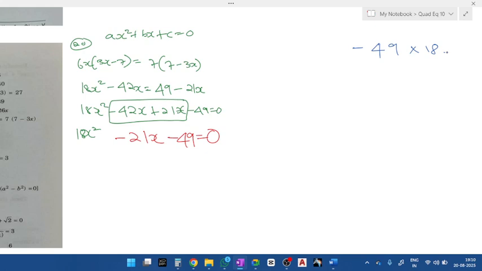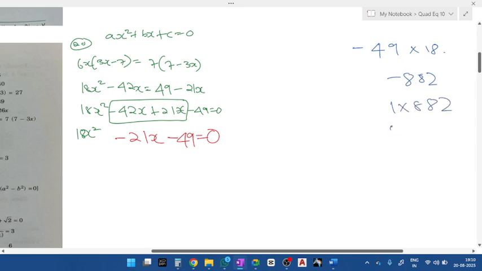After 100, 882. Minus, so 1 into 882, 2 into 441, 3 into, completed.